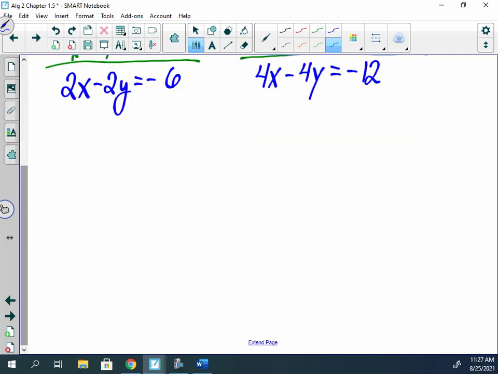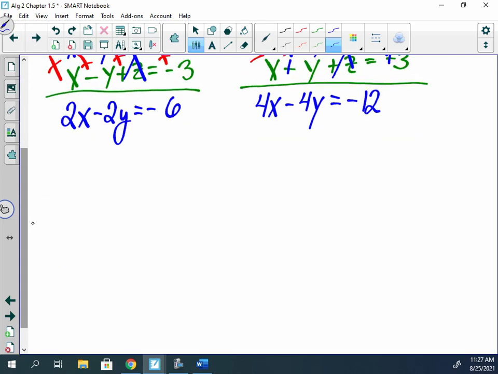Now, when we look at these for our next one, we always want to go bigger, not smaller. It's easier to scale things up than it is to scale things down. So we look at this here. So 4x minus 4y equals negative 12. I'm going to leave that equation alone. Now, I'm just going to go on and pick for us. We're going to eliminate x first.